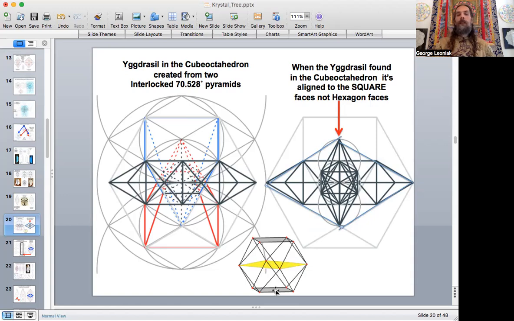The pyramid would be coming down, the pyramid would be going up, and meeting in the middle, and there's your flat plane. That's the plane that the Yggdrasil is based on, showing you that it's a square base plane on the inner form, because you have a north, south, east, and west. So a little information from a traditional view of the tree of life in relationship to the Kabbalistic tree of life.